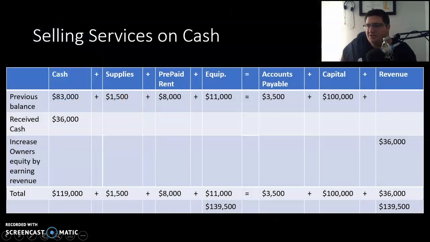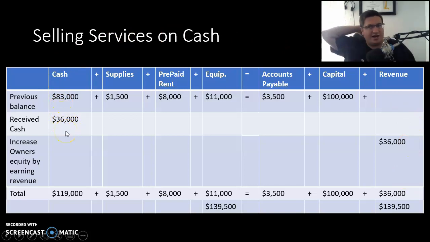So selling services on cash. You don't always have to use accounts receivable. There's no rule that says you have to. You can accept cash for jobs you do. So let's say you did a job worth $36,000. That's going to go in your revenue account, and your revenue account is a credit account. It's going to sit there until you put it into cash, which is an asset.